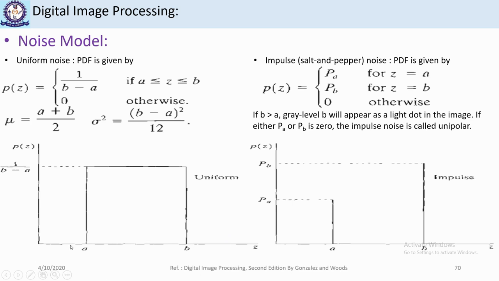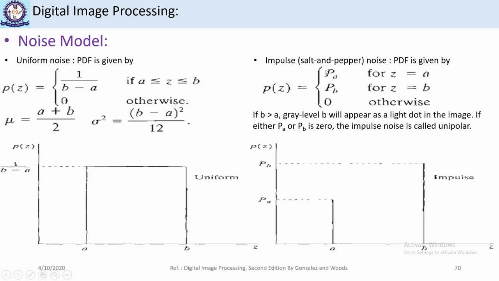The next quite important noise is impulse or salt and pepper noise. The probability distribution of this is given by: its probability is Pa for z equal to a, and it is Pb for z equal to b.